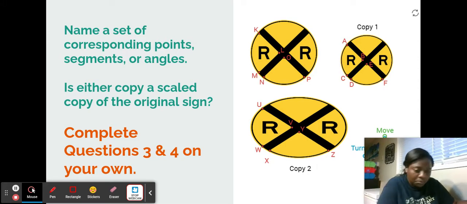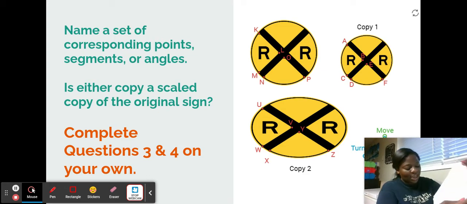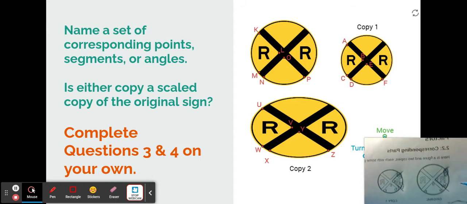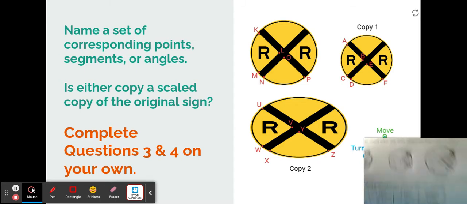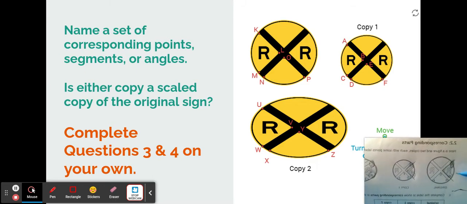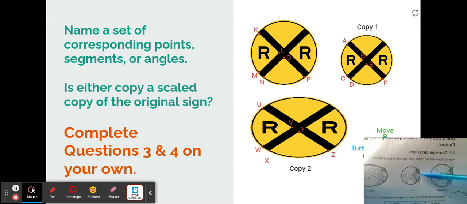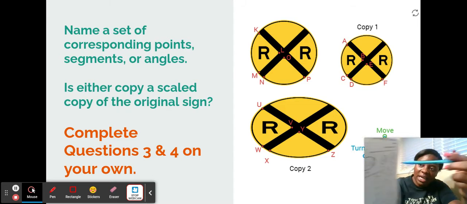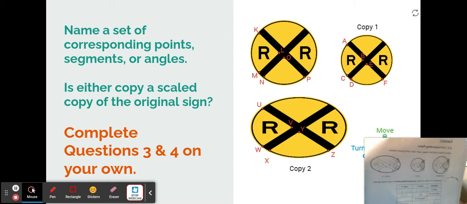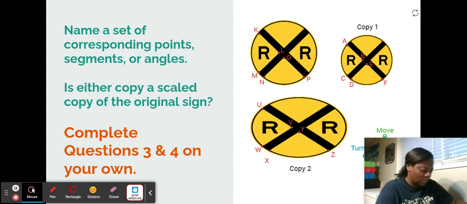We've got imagination. So we already have KLM ready. And from our table, we already know that its corresponding angles were ABC and UVW. All right, so let's see.